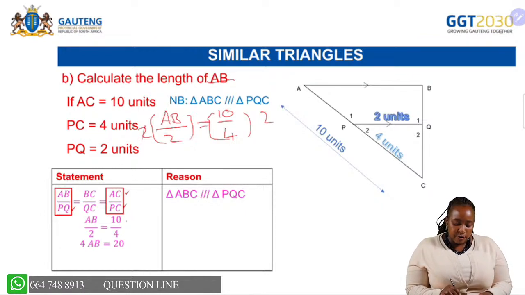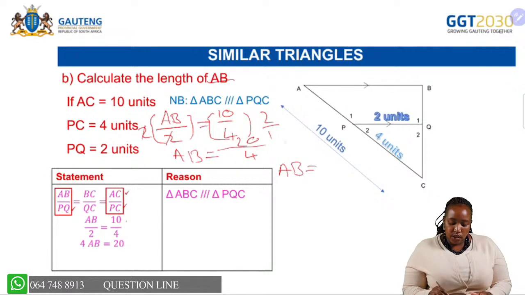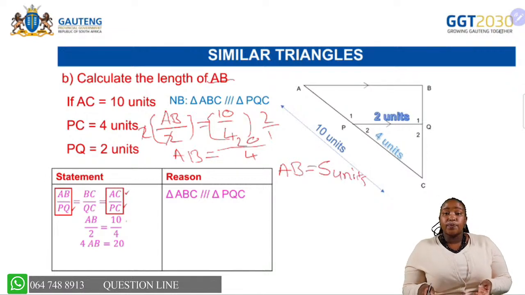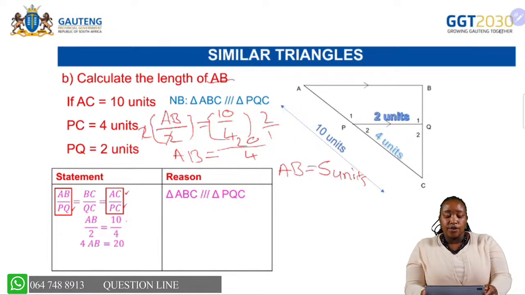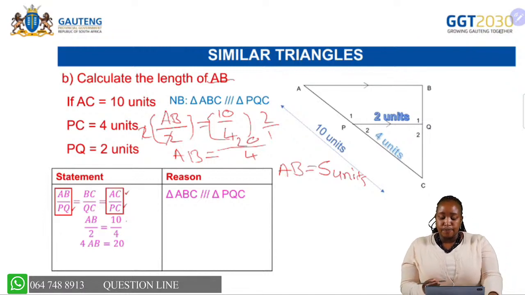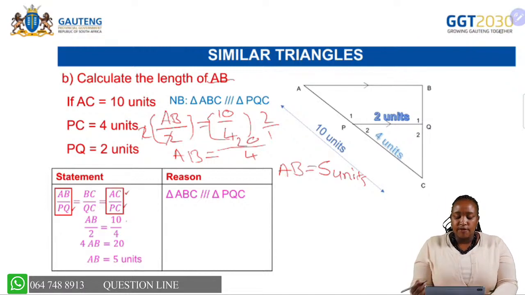What this would have done would have cancelled those 2, and then you would have left with AB on the left. And here, this is 2 over 1, right? So 10 times 2 gives you 20. So I'll squeeze my 20 there. And 4 times 1 gives you 4. And you still get AB is equal to 20 divided by 4, which is still 5 units. Okay, so you can use one of those two methods. I hope you understand that, right? So we still get 5 units for those.